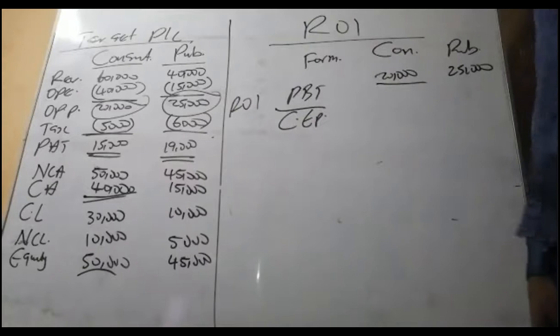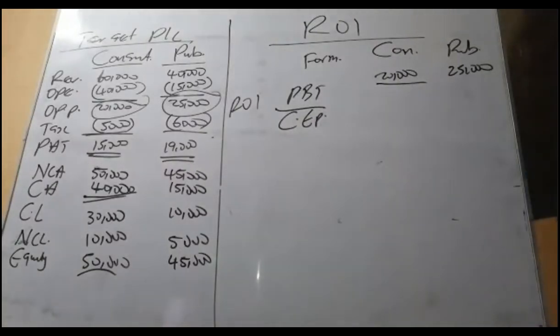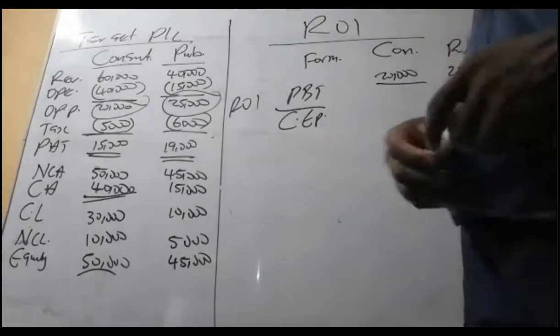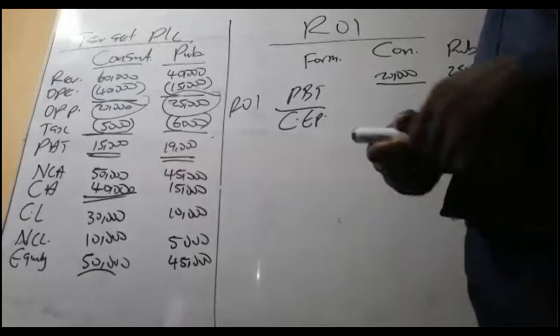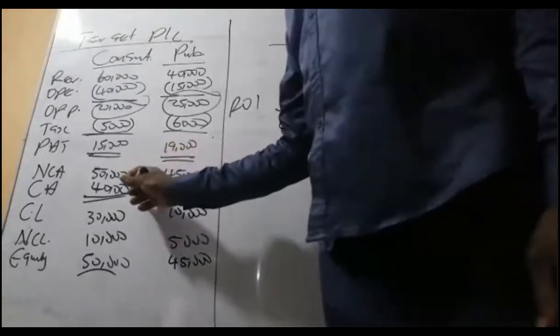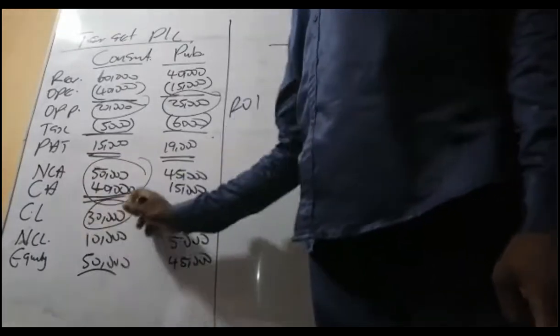Capital employed, tell the examiner, is equal to total assets minus current liability, or non-current asset plus the working capital. So total assets are 90, less the current liability of 30.